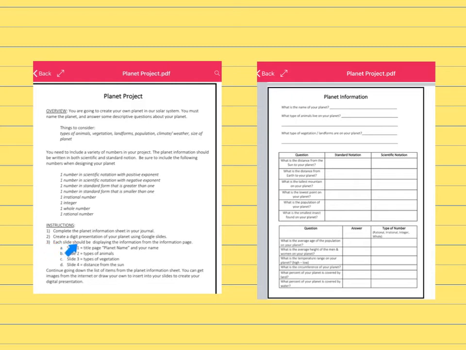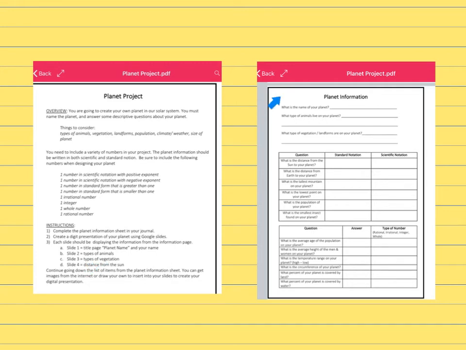Number 3 says each slide should be displaying some of the information off of the information page. So for example, on slide 1, that should be your title page. It should have the name of your planet and your name. I'll show you some examples of this in just a second. Slide 2 then could show the different types of animals. Slide 3 could show the different types of vegetation.